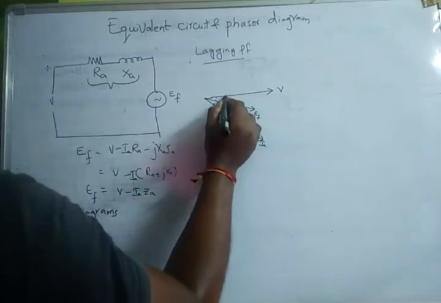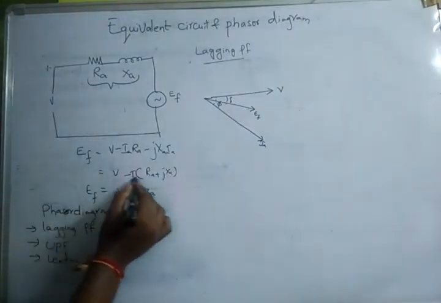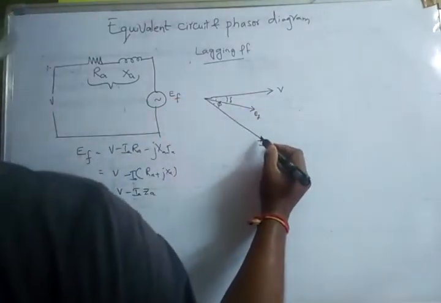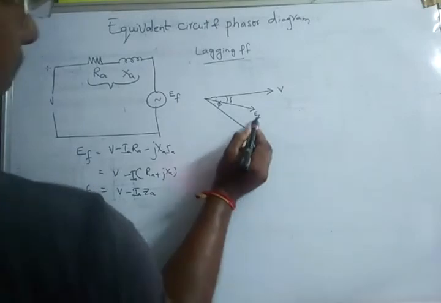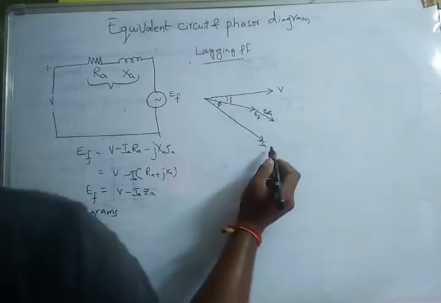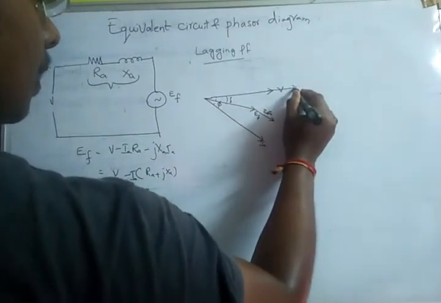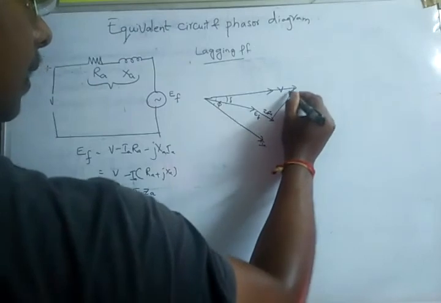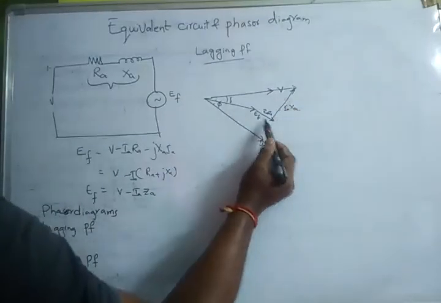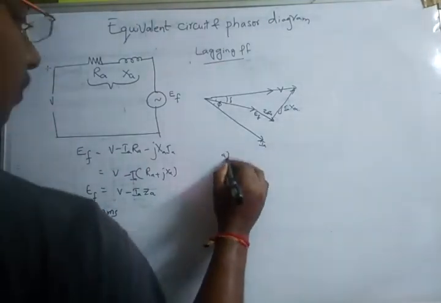Ef also lags by an angle delta, and we know from this equation that V is equal to Ef plus IA RA plus j IA XS. This is IA RA, in phase with IA, and IA XS is 90 degrees to IA RA. So V is equal to Ef plus IA RA plus j IA XS. This is the phasor diagram for lagging power factor.